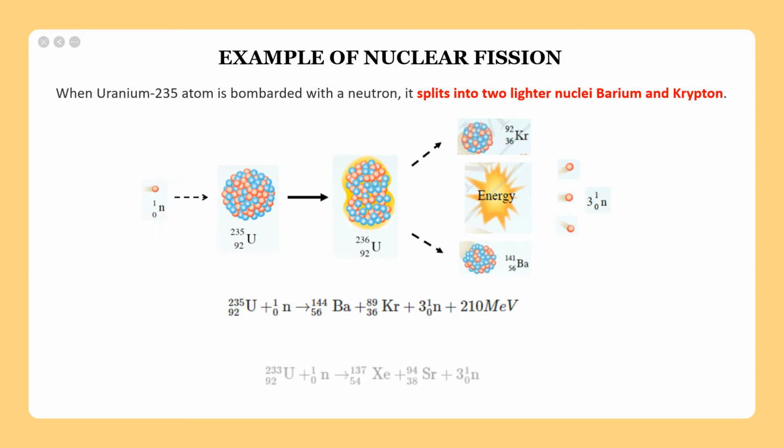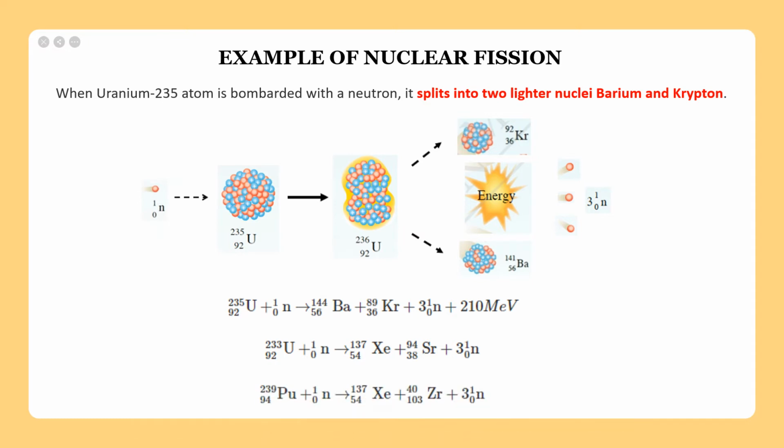Another example is uranium shot with a neutron and it breaks into xenon and strontium, and at the same time, 3 neutrons and energy are released. In addition to that, when plutonium is shot with a neutron, it will break into xenon and zirconium, and at the same time, 3 neutrons and energy are also released.